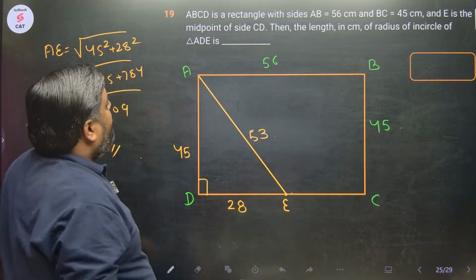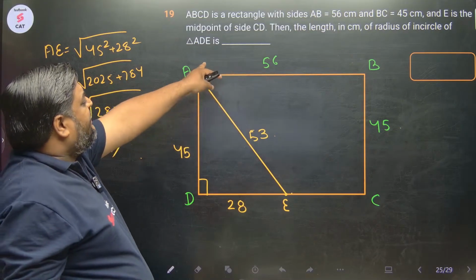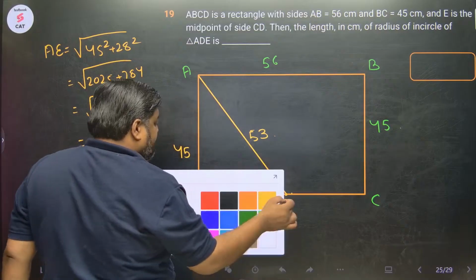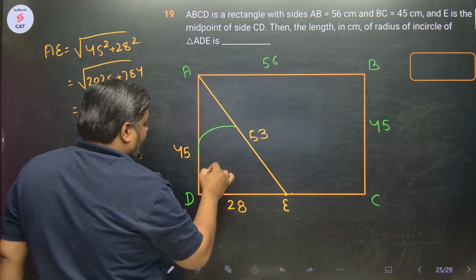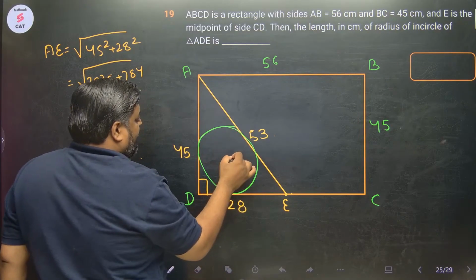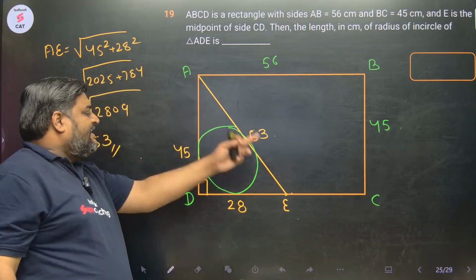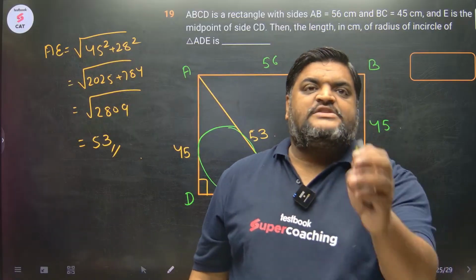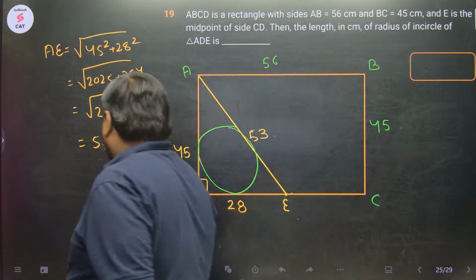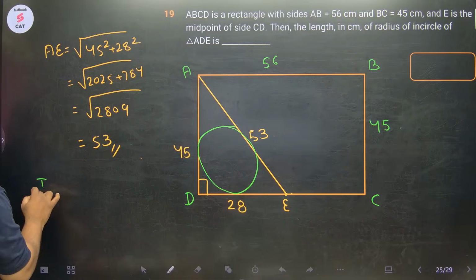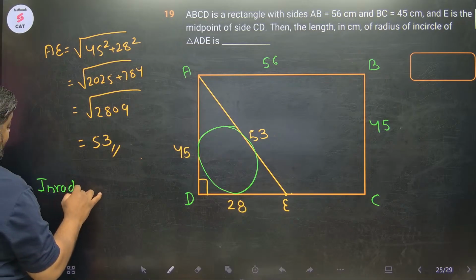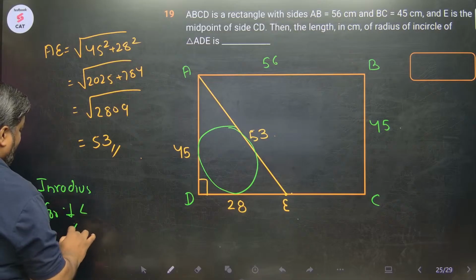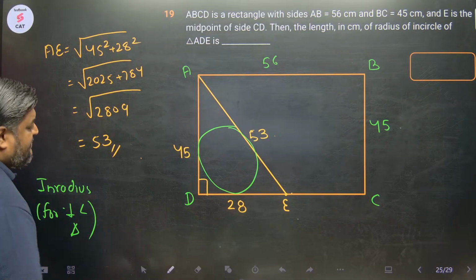What is asked? The length in centimeters of the radius of the incircle. Now you have an incircle, and we need to find the radius of this circle. For a right angled triangle, what is the inradius?